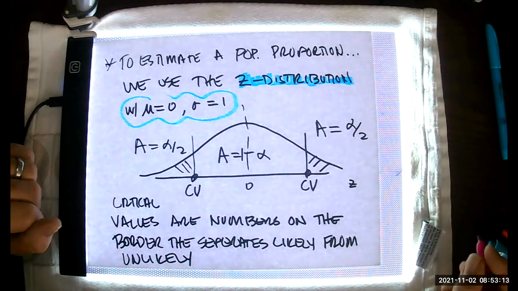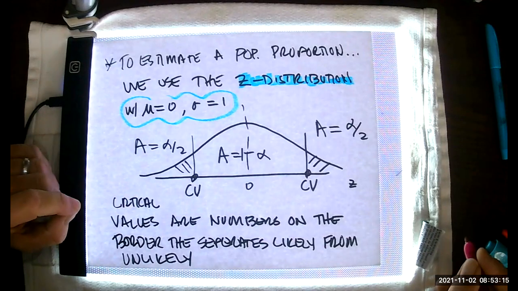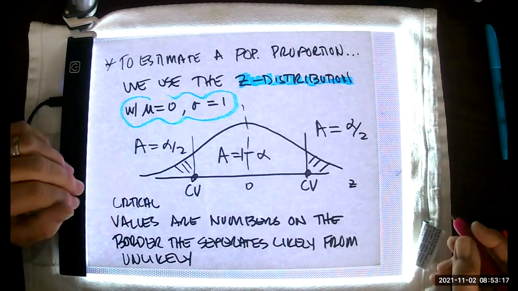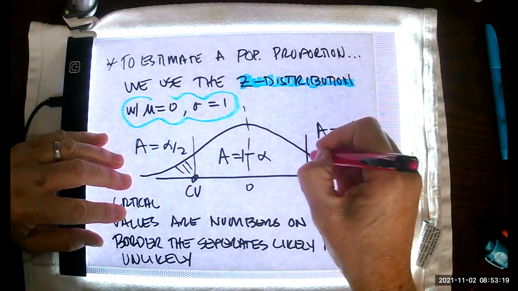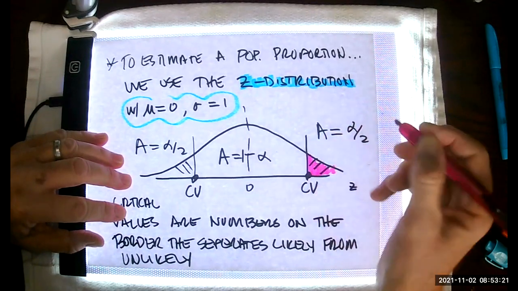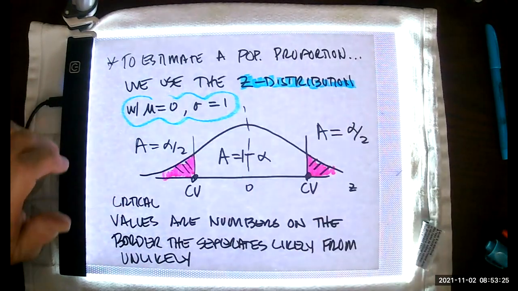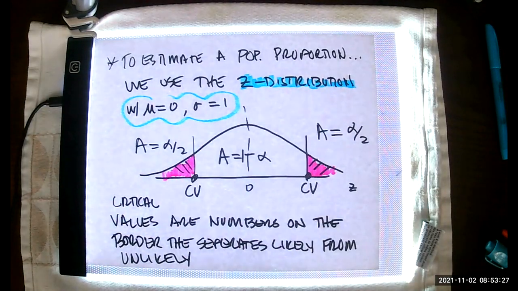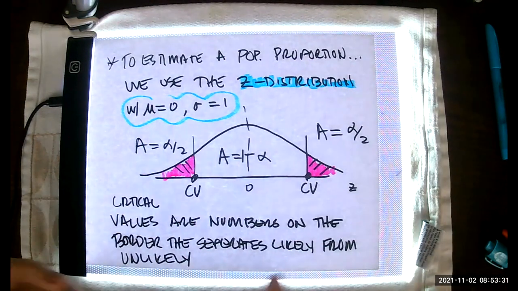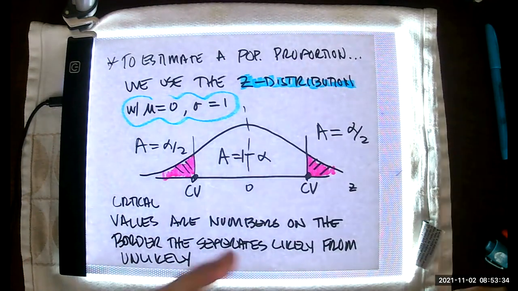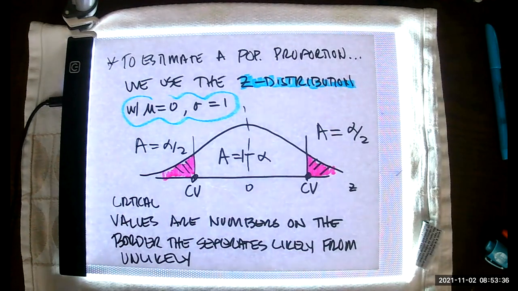Because the area under the graph is equal to 1, that's our proxy for probability, we have two critical values. One critical value greater than 0, and one critical value less than 0. That's because essentially I could be off in either direction given my point estimate. I could be a little too low or I could be a little too high.